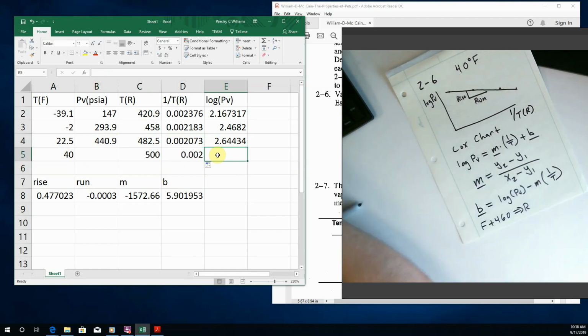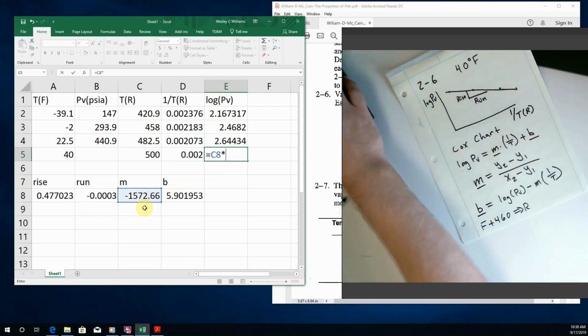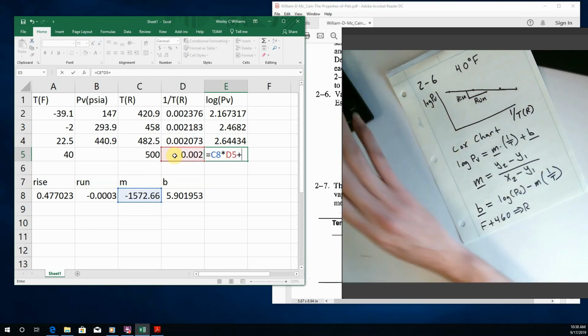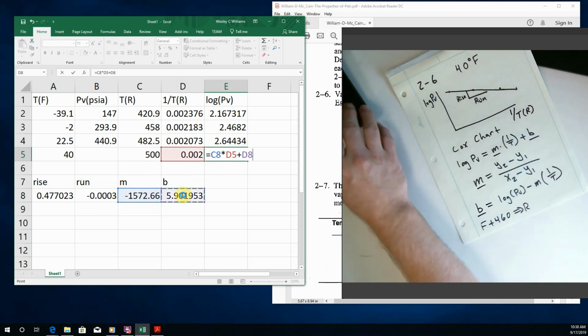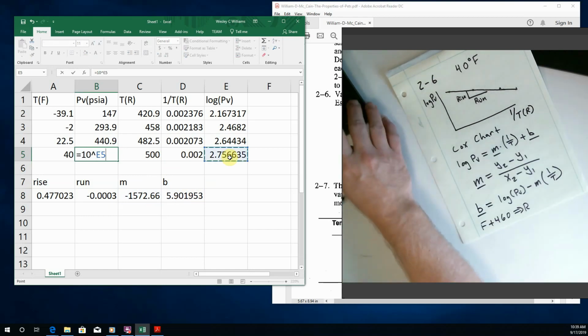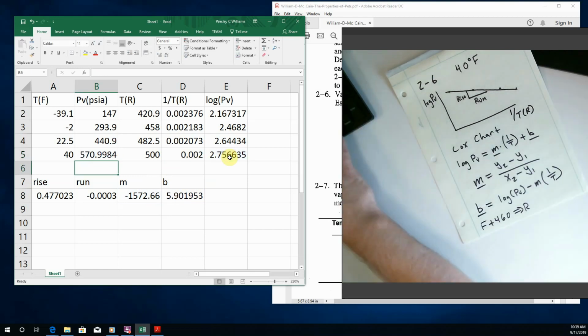So I can put equals M times the 1 over T value plus the B value. Boom. There we go. And now this guy should equal log of the pressure. The inverse of the log base 10 is 10 to the power. So 10 to the power of this gives our answer, 570. So there's the answer to our problem.